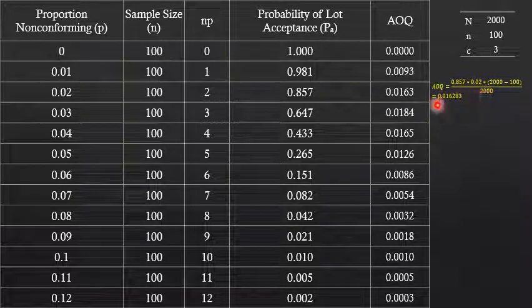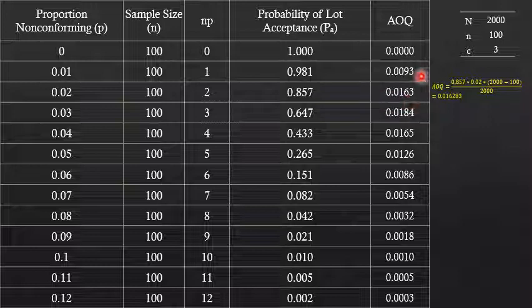Then we get AOQ equal to 0.016283. We take up to 4 digits, so we get 0.0163. Similarly, we calculated AOQ for all the values of small p, and we get these values.